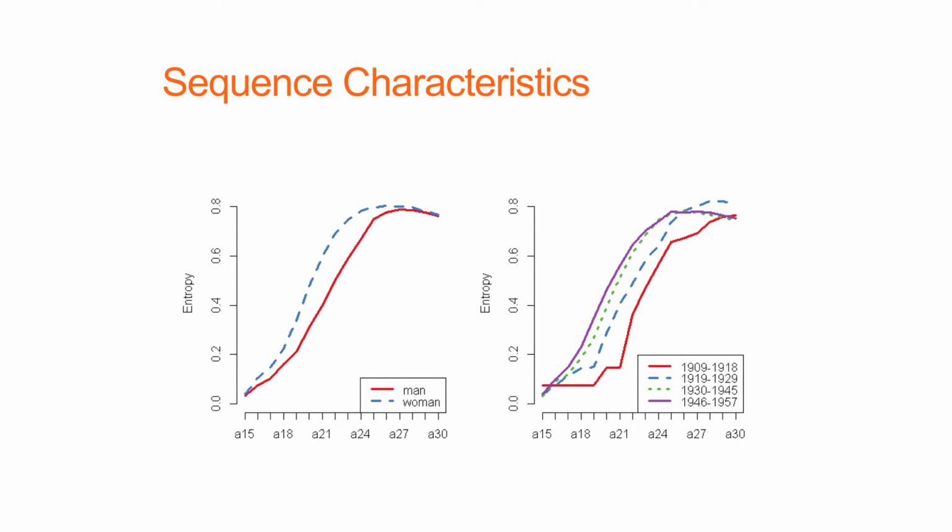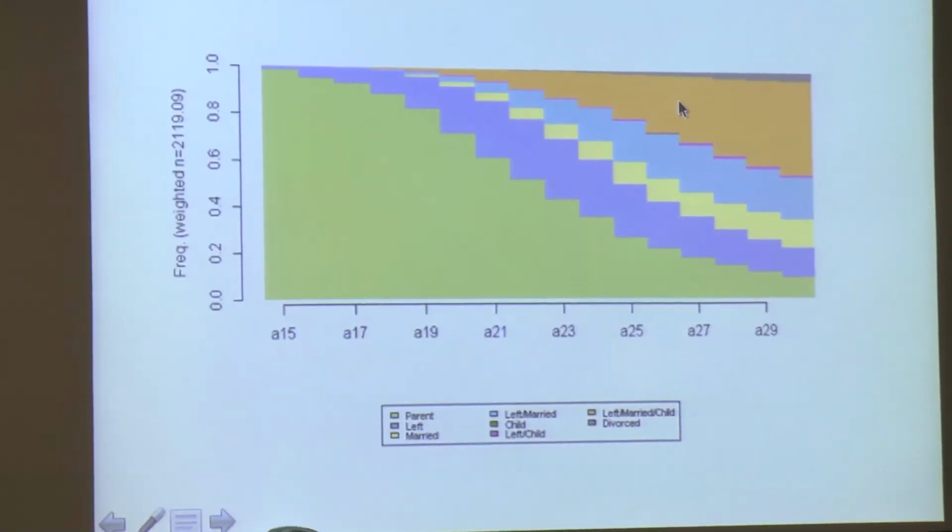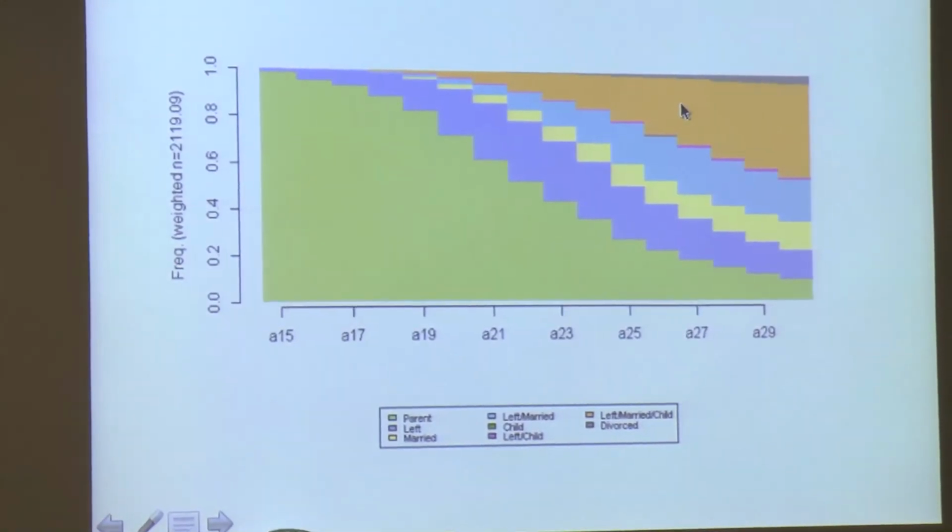So here entropy would be very low because there's a small number of states, and most people are in one state. If there are a larger number of states, entropy is higher, and if the distribution of states is more even, like 20% in each of 5 states, then entropy is even higher.